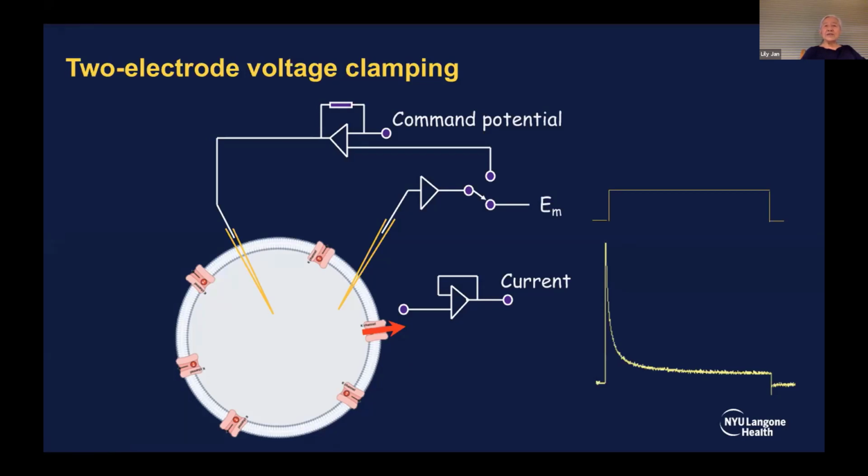And any deviation from the command potential will be detected by the feedback circuit, and that will lead to current injection into the cell in order to maintain the membrane potential constant at the command potential. So the current injected into the cell gives a measure of the current that's flowing through the channel.